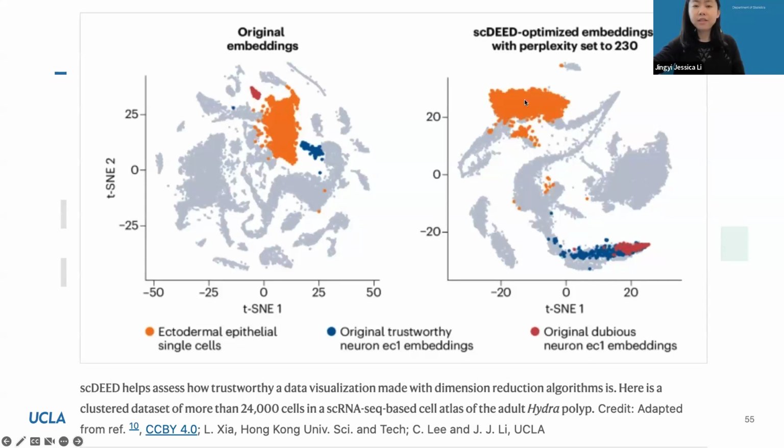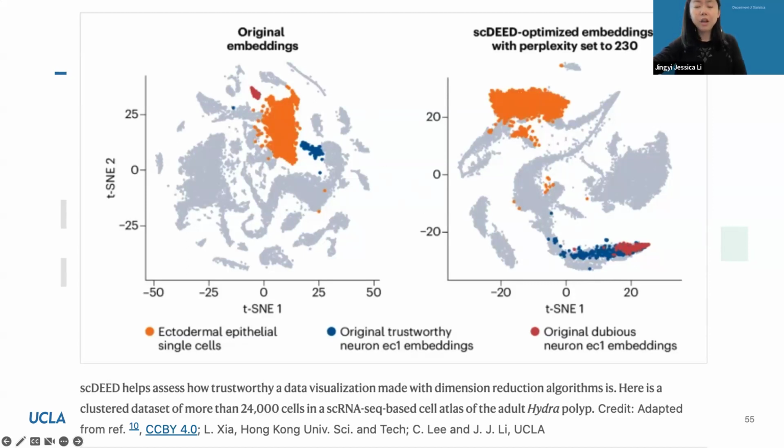And with our optimization, the positioning changed dramatically. So the orange cells become much farther away from the blue and red cells, while the blue and red cells are unified in one cluster down here. So you can see that on t-SNE, whether you use the original parameters or the optimized parameters, it will show a dramatic change.